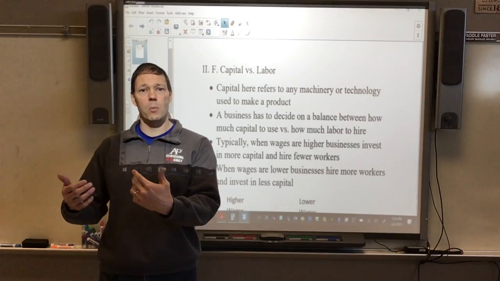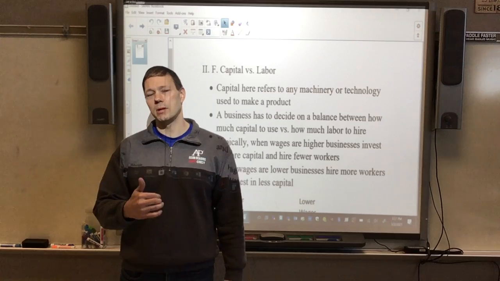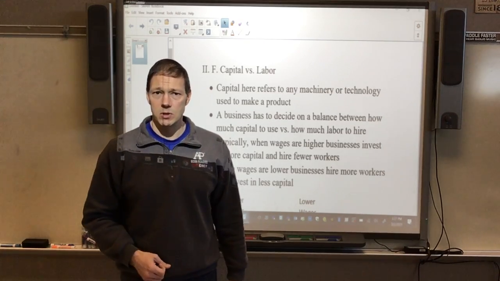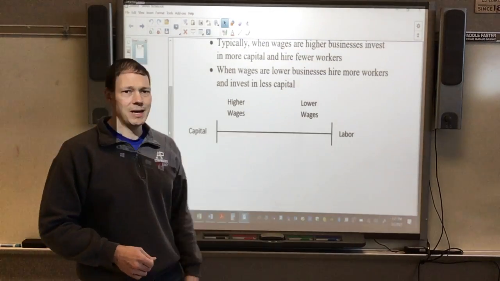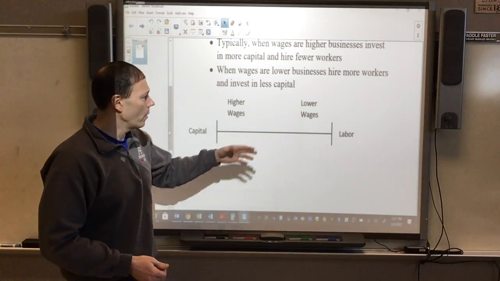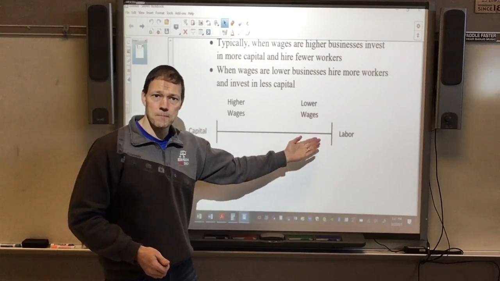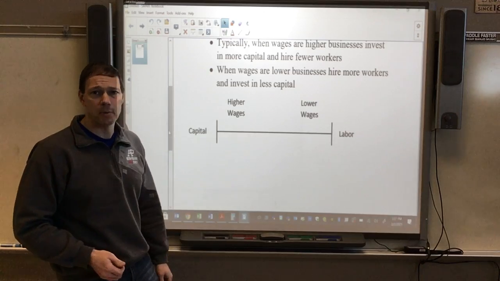You tend to hire more people, and they're doing things more by hand. You're not putting a lot of money and investment into the machinery and equipment to give them to do the job. So if you want to look at it as a continuum, you can see this balance here: where wages are low, you're going to err on the labor side of things, and as wages go up, businesses are going to err on more of the capital side of things.